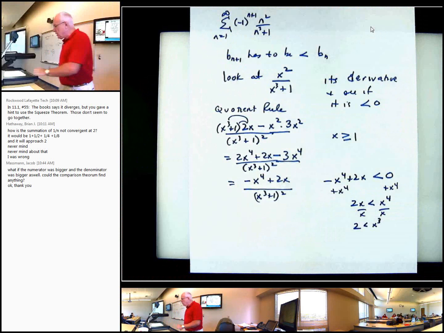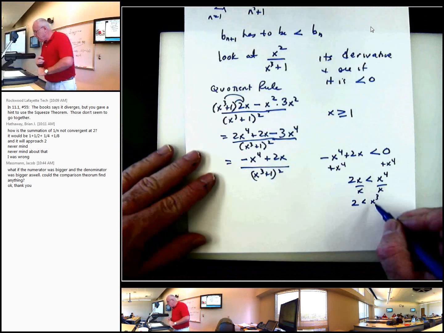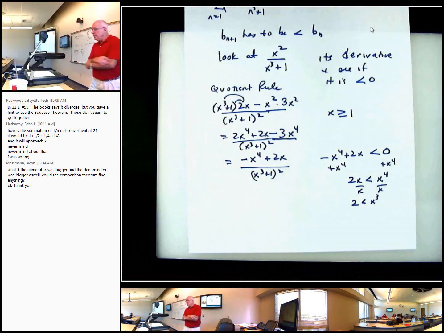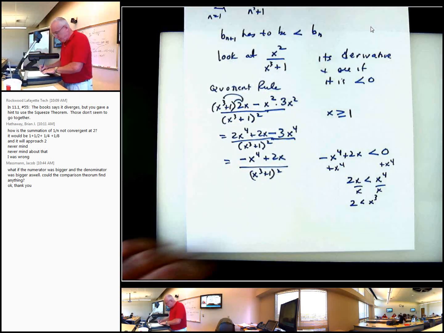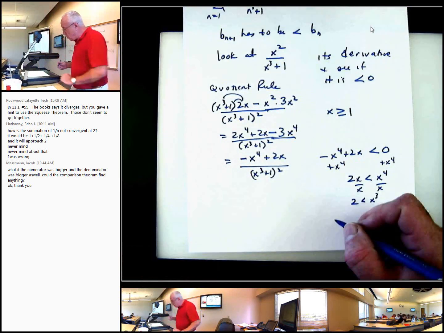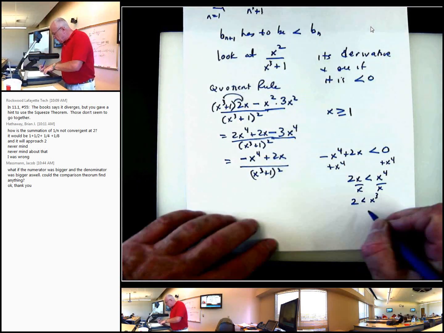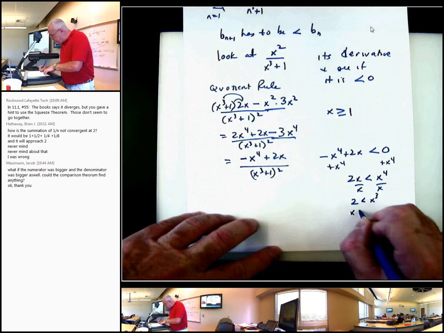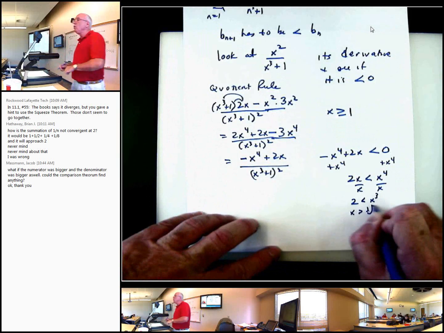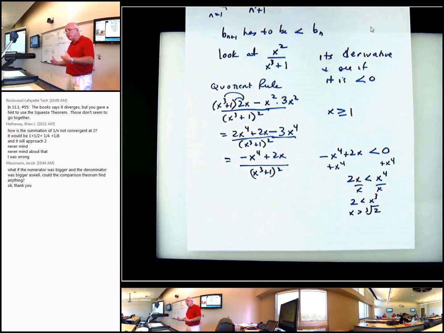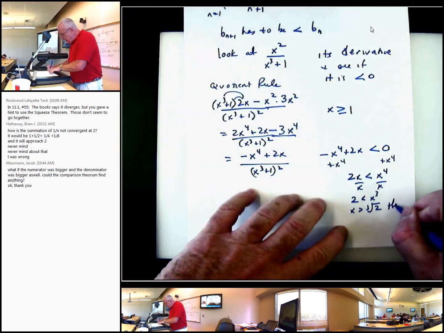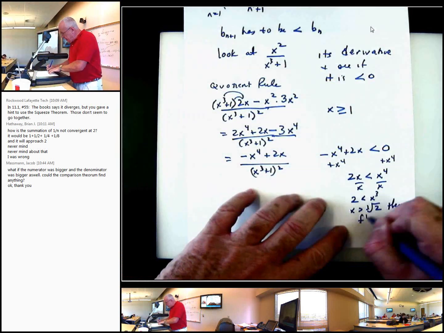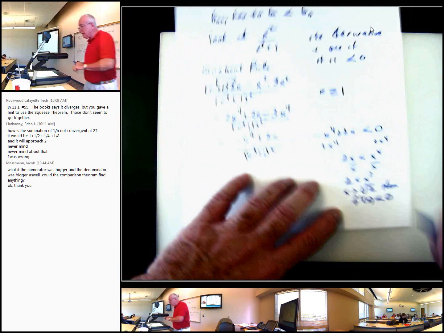So therefore, as long as x to the third is bigger than 2, this is a negative derivative. So as long as x is bigger than the cube root of 2, when I do the cube root of both sides, then f prime of x is a negative number, less than 0.